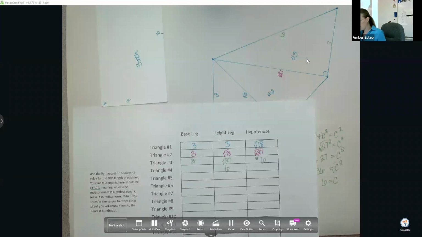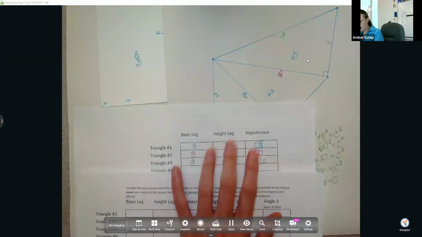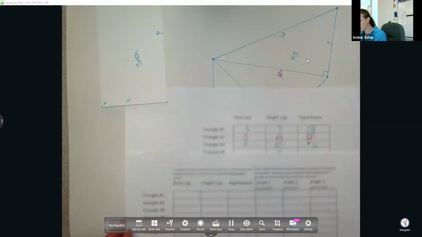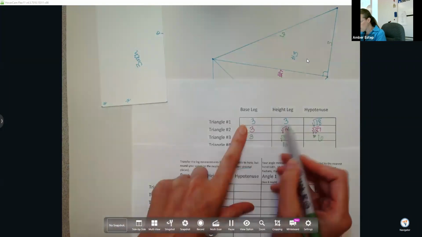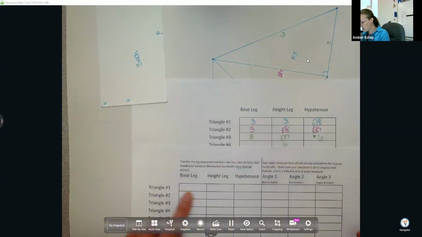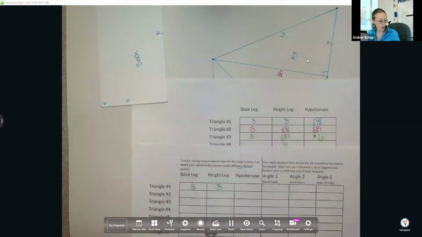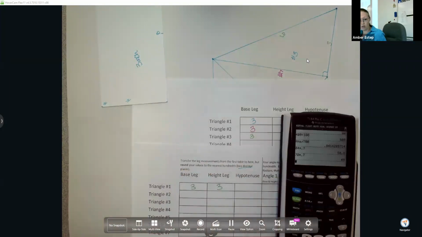And then when you go over here to do this chart, this information right here is going to go over here, but you're going to round everything to the nearest 2 decimals. The whole numbers aren't going to change. So your first triangle is 3, 3, and let's get the calculator. Here's my calculator. You can use the one on your phone too.